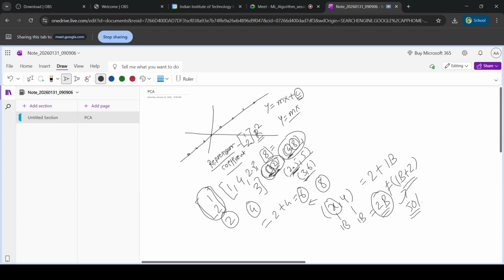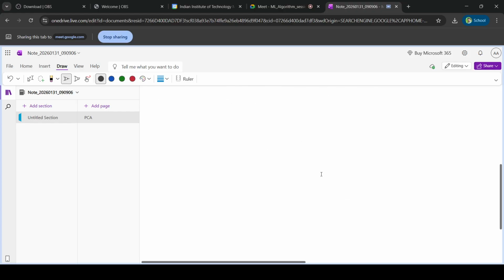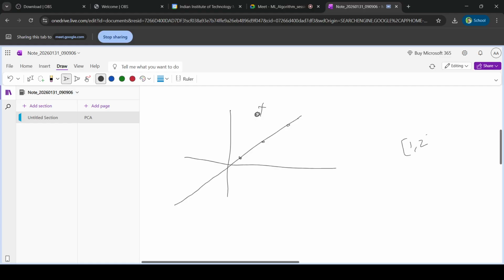But last time we came to the point: if the given data is not falling on the line, if some data is fine but one data is not falling on it, something outside, maybe consider this one as an x data. As I mentioned, this 1 comma 2 is one line.